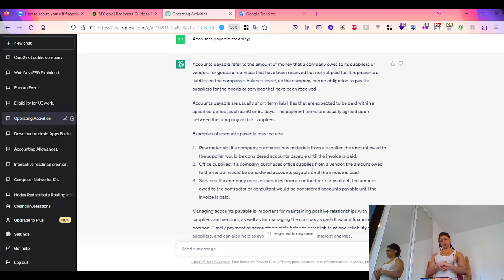Okay, so again, to recap, I know this is something important, so repeating is an important learning process. So accounts payable: money that you owe to your suppliers or vendors for goods and services that have been received.